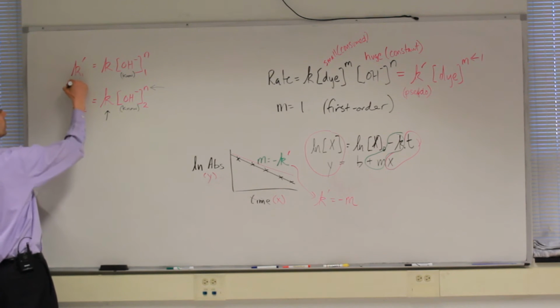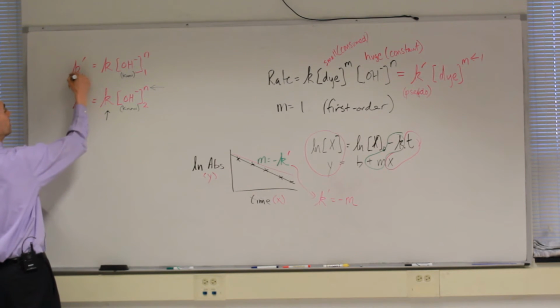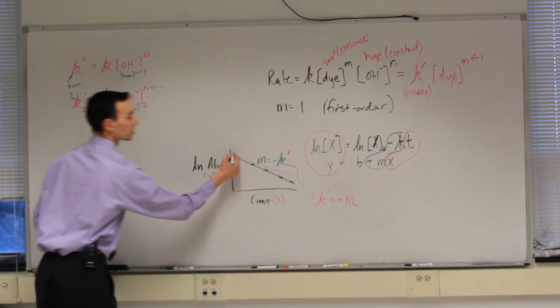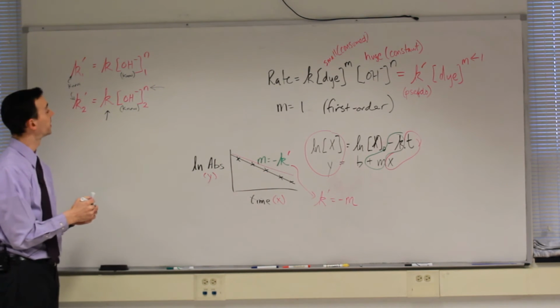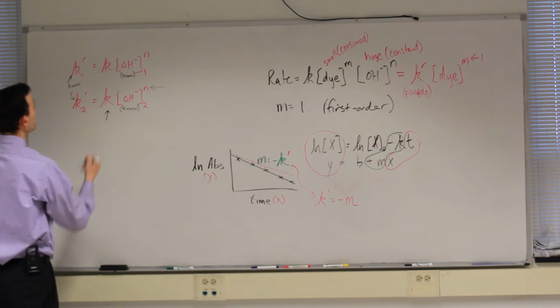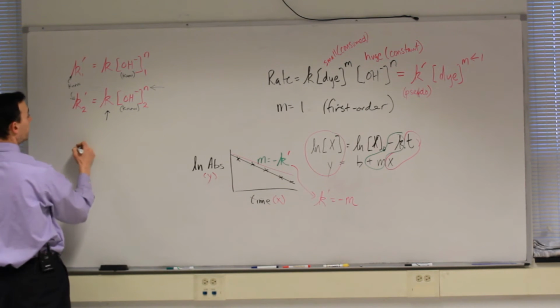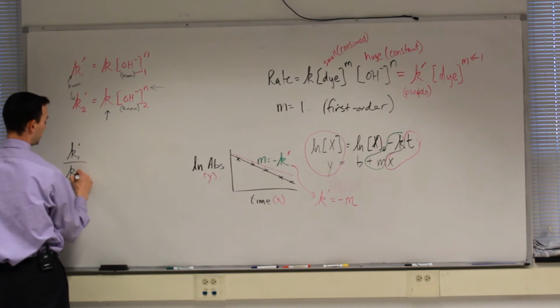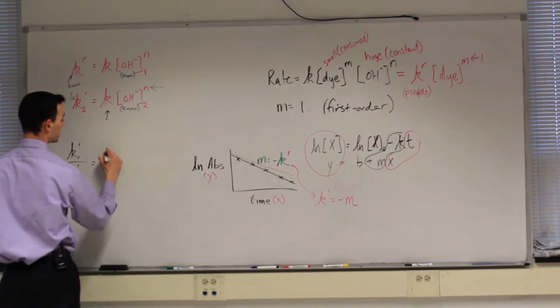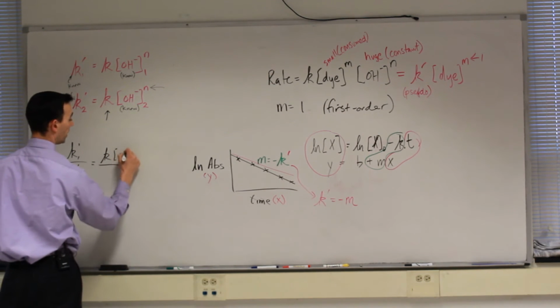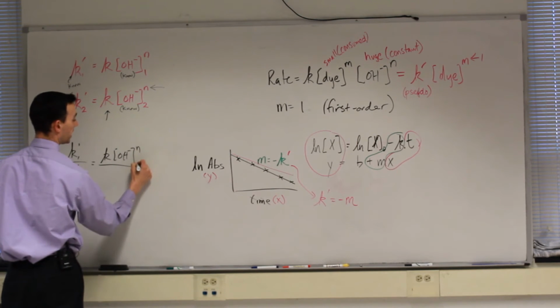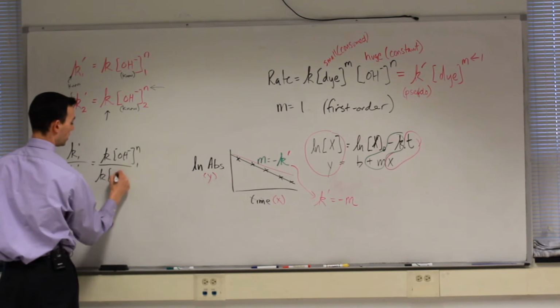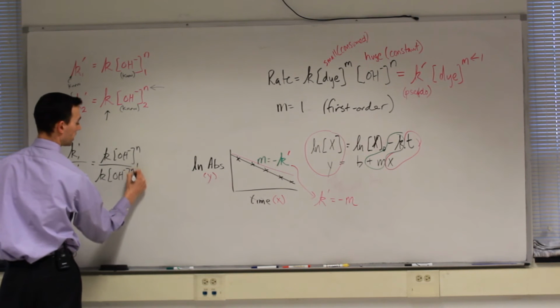And you will know these two values because they are the slopes of your two graphs that you had. You could set up and solve then by taking k1 prime divided by k2 prime equals k[OH] to the n1 over k[OH] to the n2.